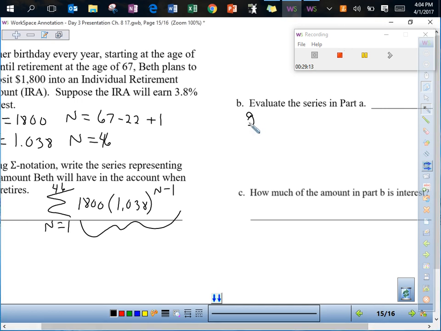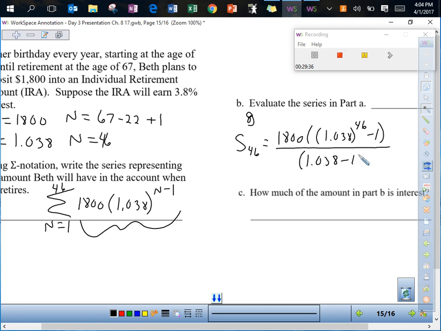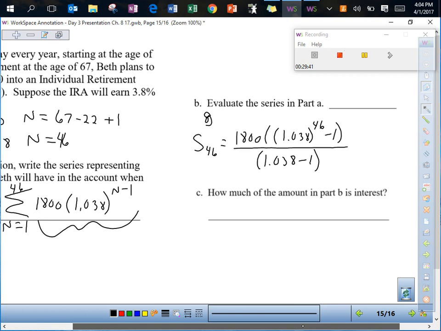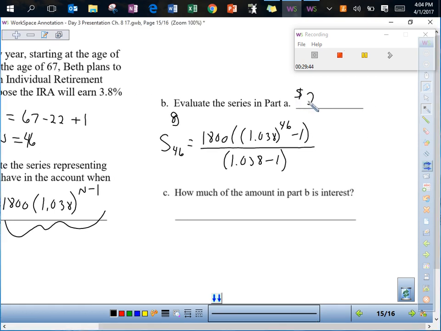The sum of these 46 years will be 1,800 times another parenthesis, 1.038 to the 46th minus 1, all over 1.038 minus 1. Okay. And guys, if you run that through your calculator correctly, you should get $216,002.10.